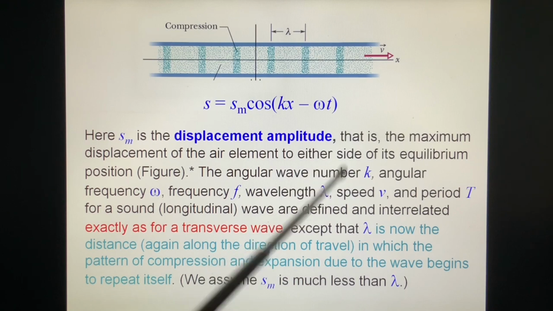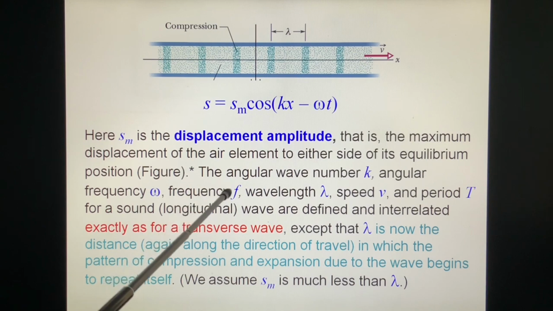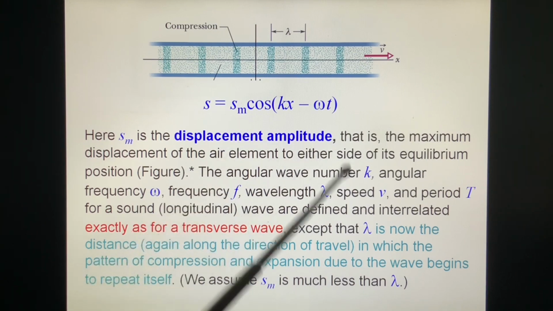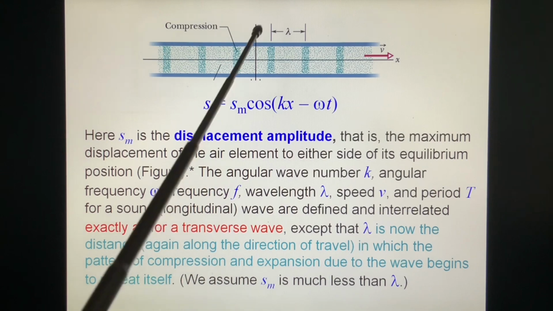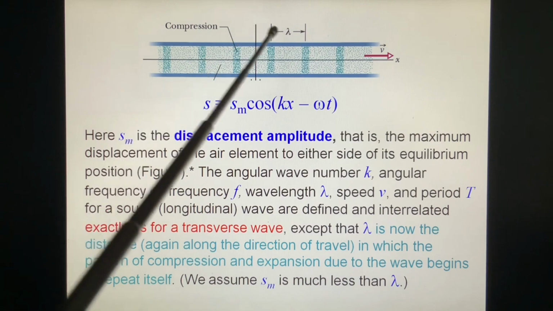The angular wave number k, angular frequency omega, frequency f, wavelength lambda, speed v, and period T for a sound longitudinal wave are defined and interrelated exactly as for a transverse wave, except that lambda is now the distance along the direction of travel in which the pattern of compression and expansion due to the wave begins to repeat itself.